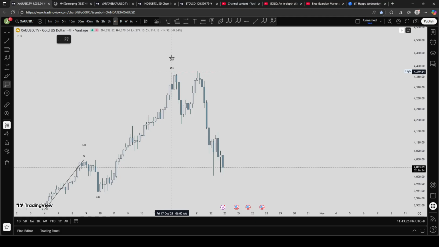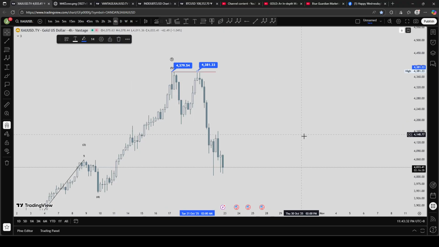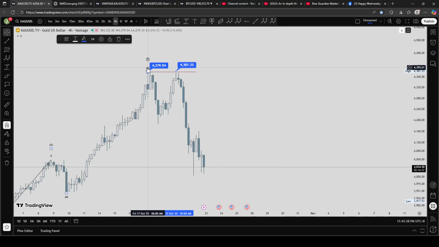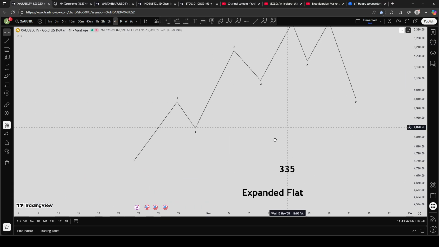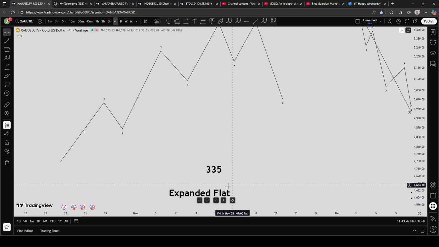So this is the high, or this is the fifth wave, and this is the all-time high price at 4,381.33. Obviously, if this is our fifth wave, we swept the high of the fifth wave, and that's one of the conditions for it to be considered an expanded flat.